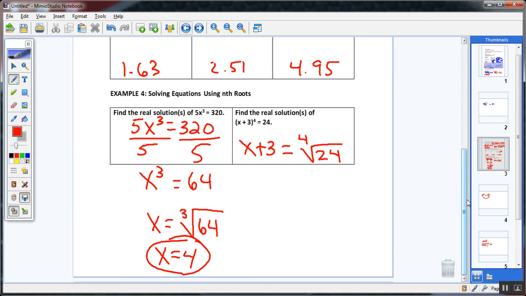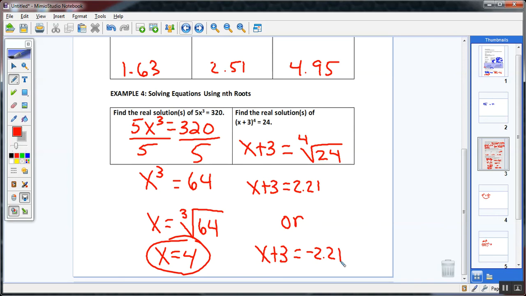So what this means, kids, is this. But according to our chart, the fourth root of 24 could either be positive or it could be what? Okay, so we have this situation or we have this. So how many values are we going to find for solutions for x now?